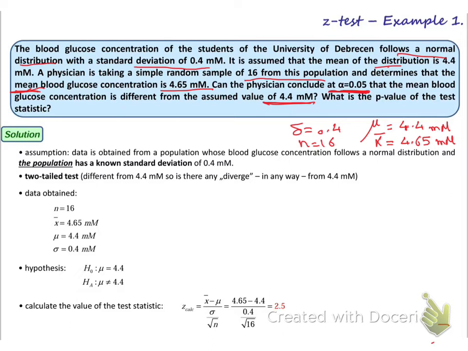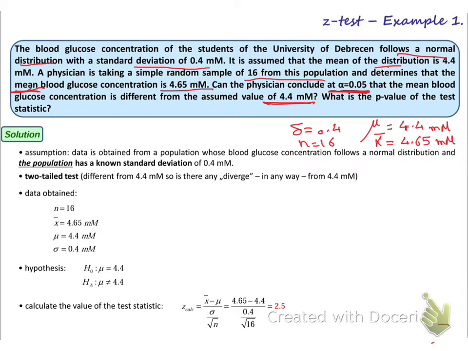What is the p-value of the test statistic? So here I have to give a null hypothesis and an alternative hypothesis and start testing the alternative hypothesis and see whether it is right or wrong. So I'll start working based on the alternative hypothesis and see whether the rejection region is met or not.